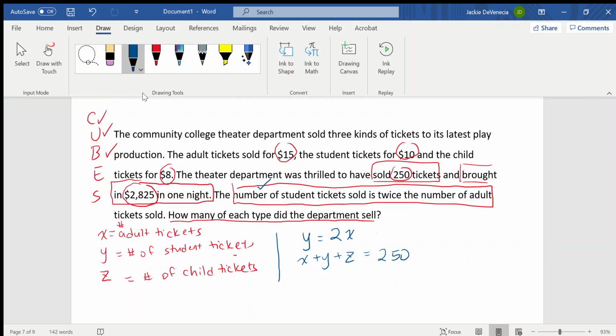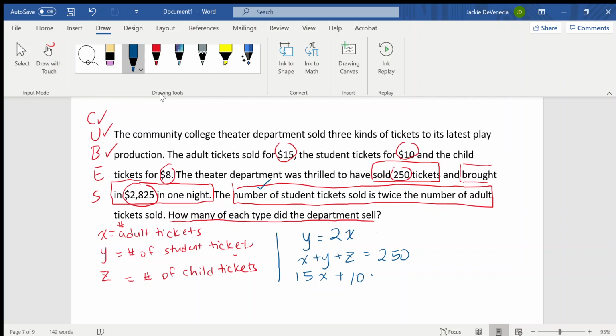Now we know the cost of them. And for us to find the total cost of adult tickets, we would have to do 15 times the total number of adult tickets. We don't know that, so 15 times X plus $10 times the number of student tickets.